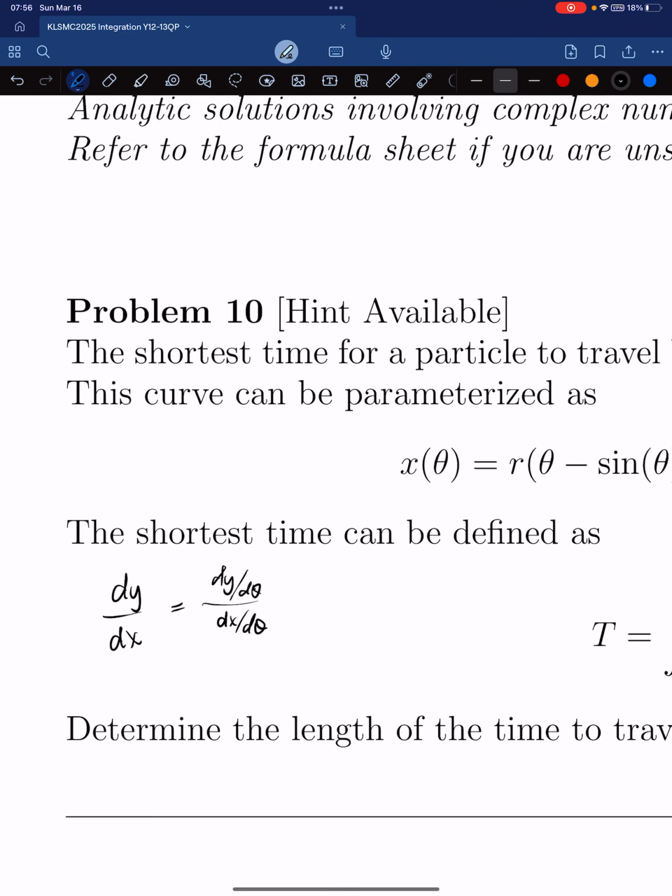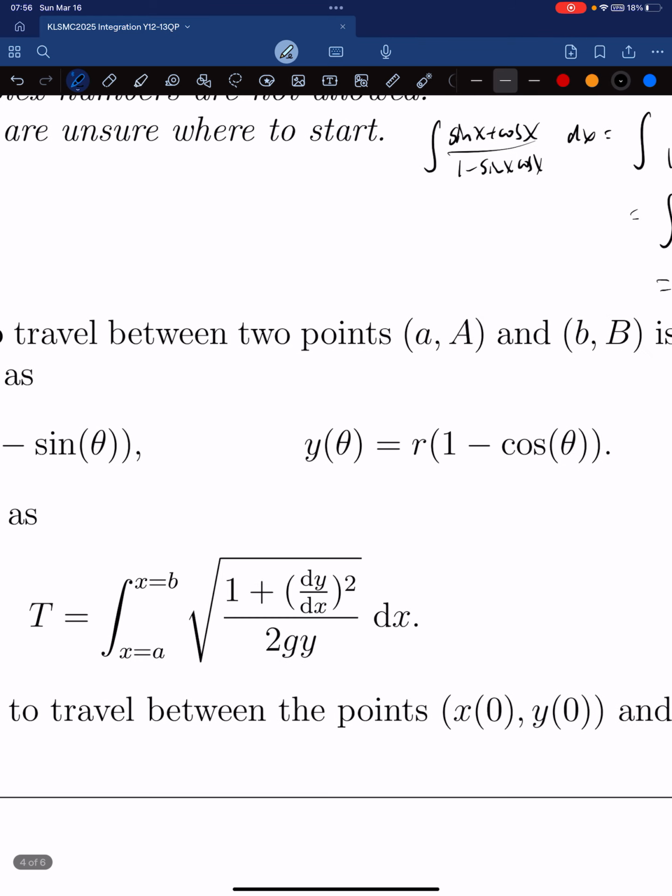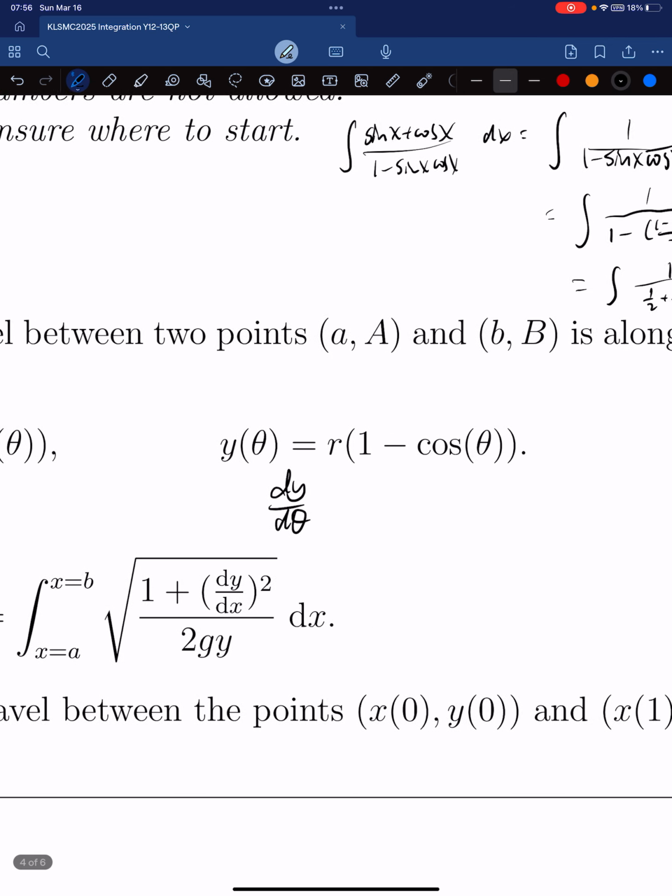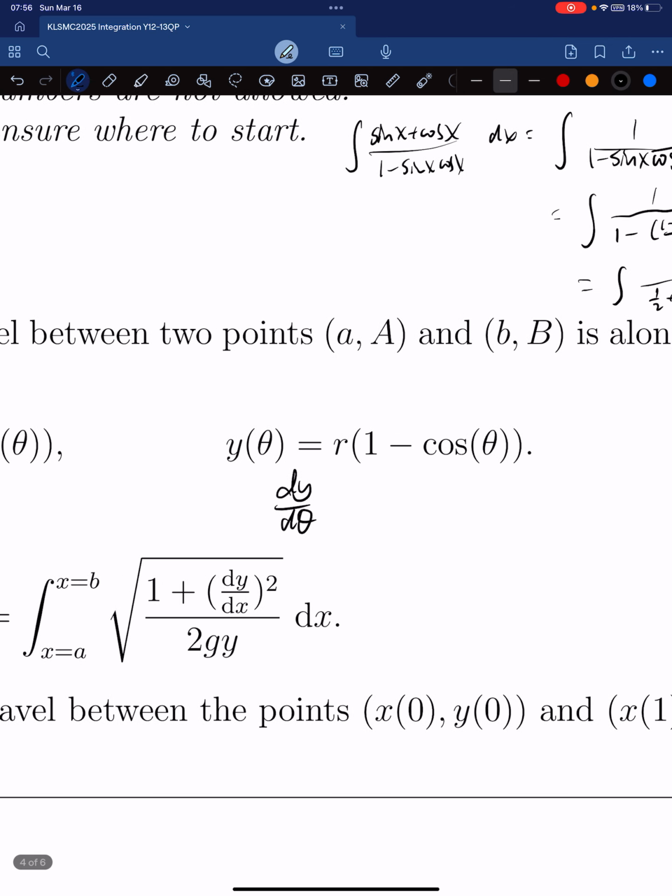So what is dy d theta? R is a constant, so dy d theta is just r sine theta.